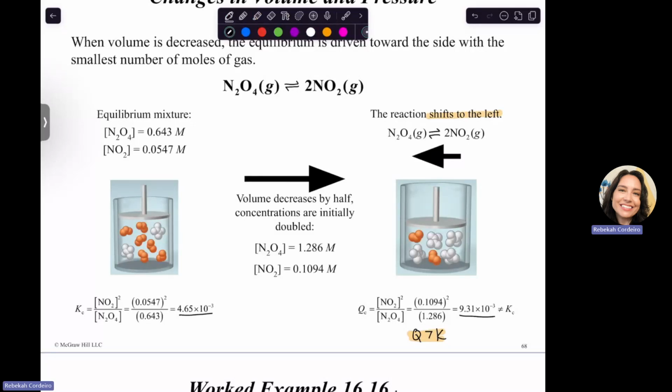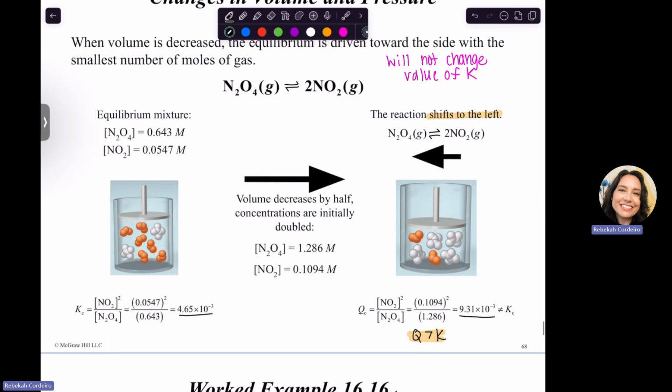So it'll shift to the left to calm that down a little bit, to lower that ratio. And then we'll go back to the normal K value. So we don't change the value of K. We're just going to go back to the normal K value once that shift is over.